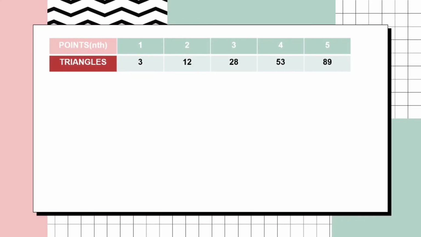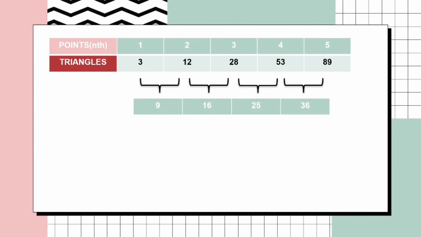So we can get the pattern by subtracting the triangles: 12 minus 3 is equal to 9, 28 minus 12 is equal to 16, 53 minus 28 is 25, and 89 minus 53 is 36. Since they do not yet have the same value, we need to subtract again.